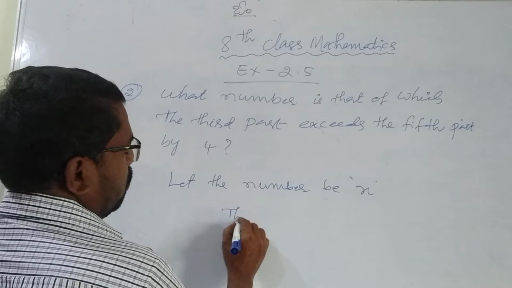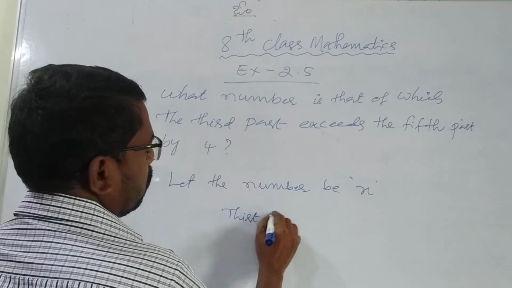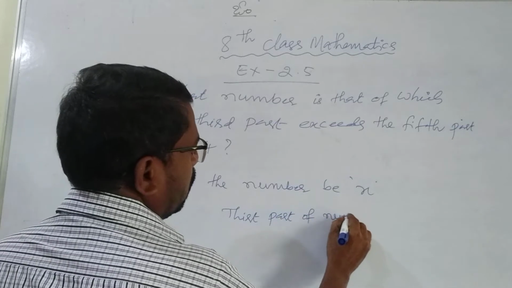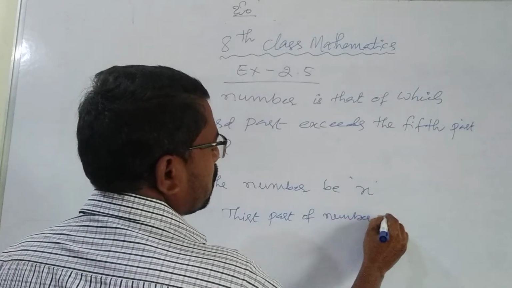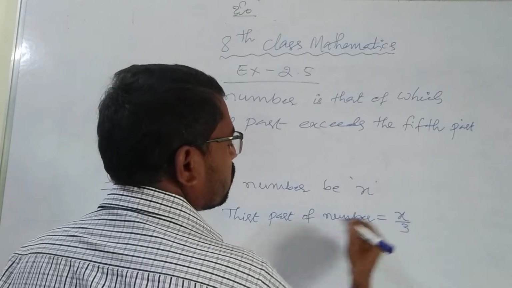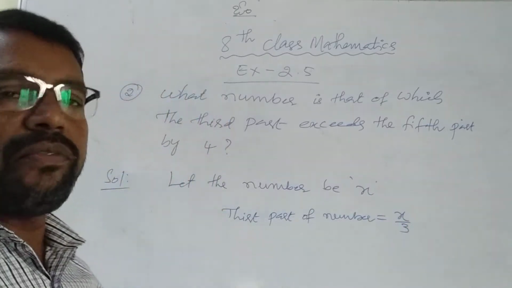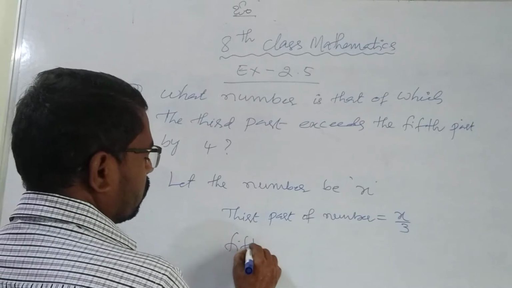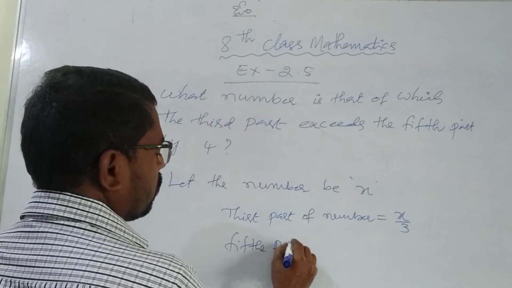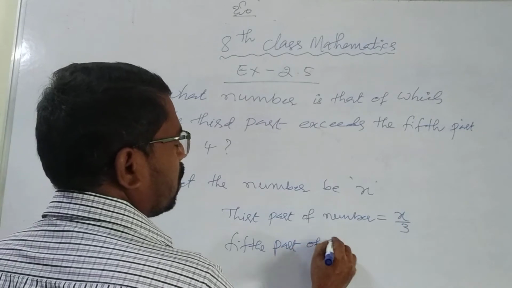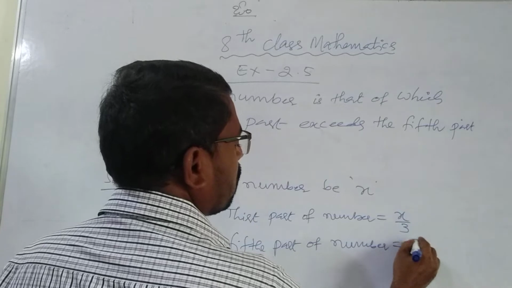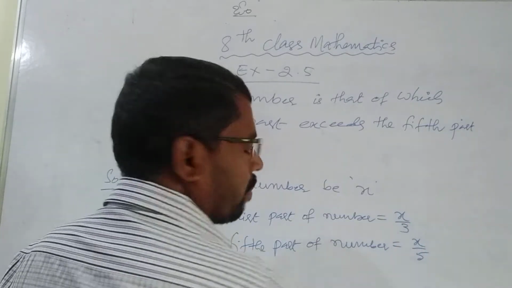Third part of the number is equal to x by 3. Third part means 1 by 3 of x. And fifth part of the number is equal to x by 5.